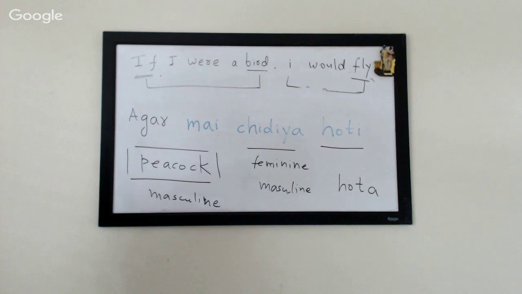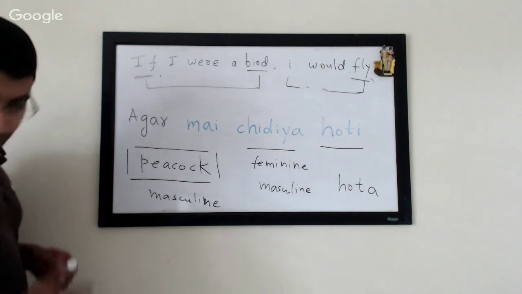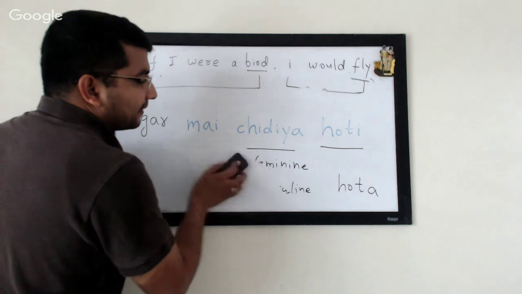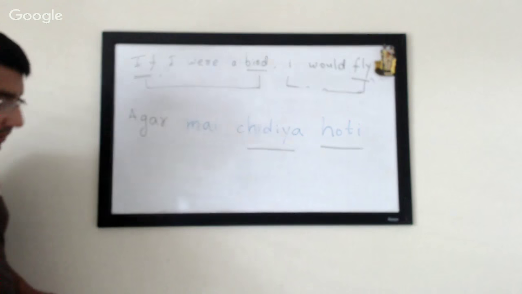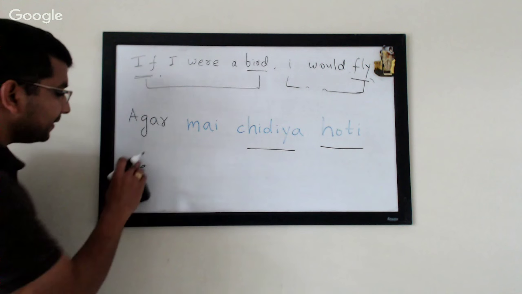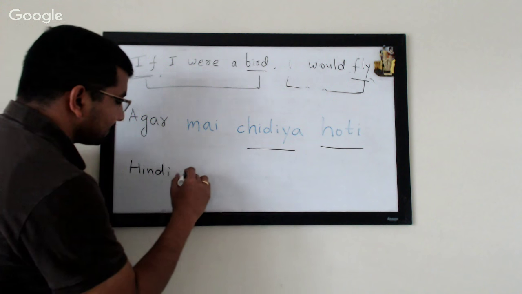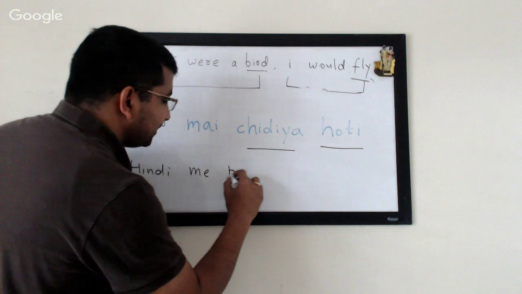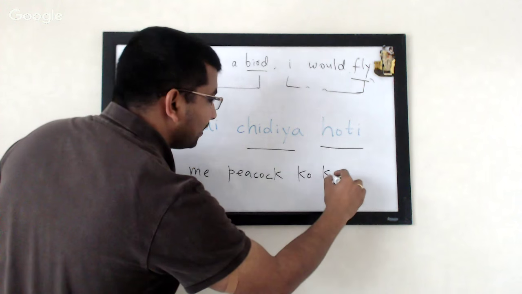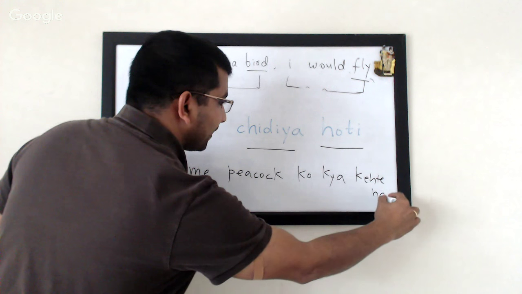Okay, very good. So the way you use it in our formula is, as most of you have already pointed out, you will say peacock. हिंदी में पीकॉक को क्या कहते हैं?